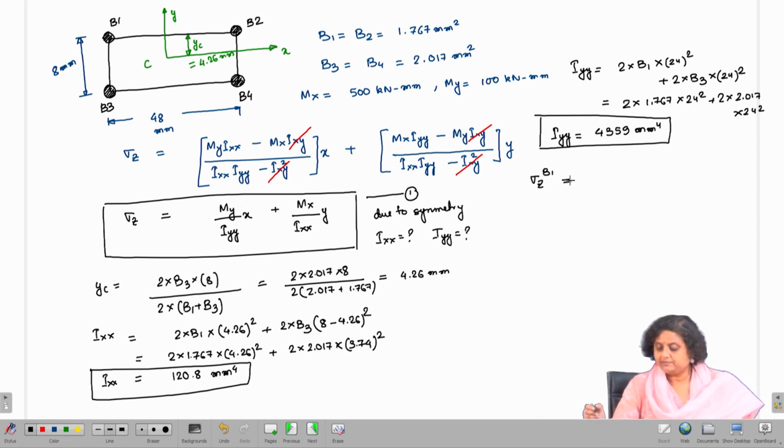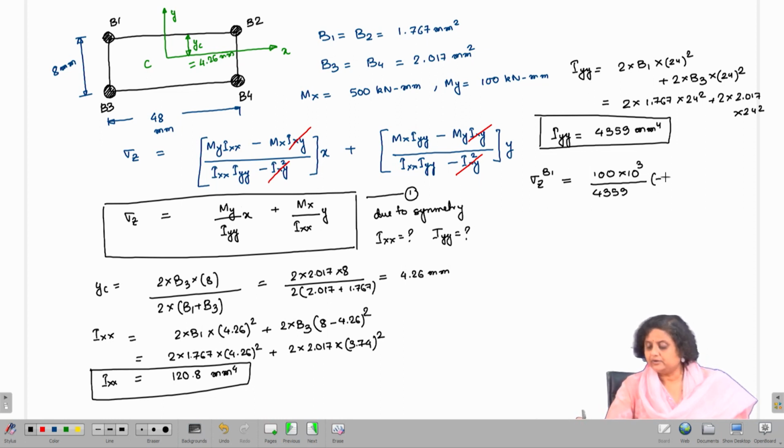So, the sigma z at B1 is going to be 100 into 10 to the power 3 by 4359 IYY, and x is going to be minus 24, plus 500 into 10 to the power 3 by IXX, which is 120.8, into y is going to be 4.26.